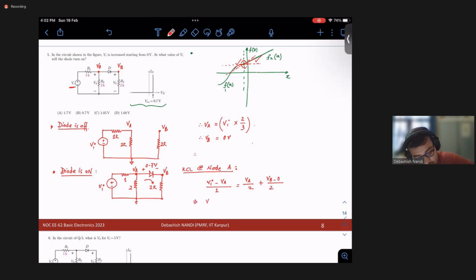So if you solve this, VI is equal to VA plus VA by 2 plus VB by 2, where VB is nothing but VA minus 0.7 over 2.